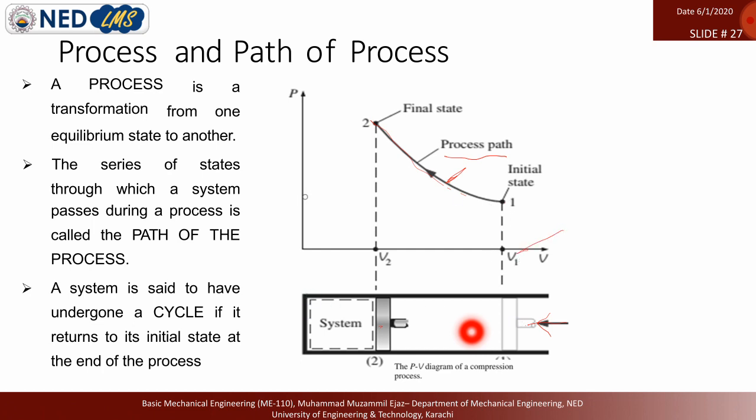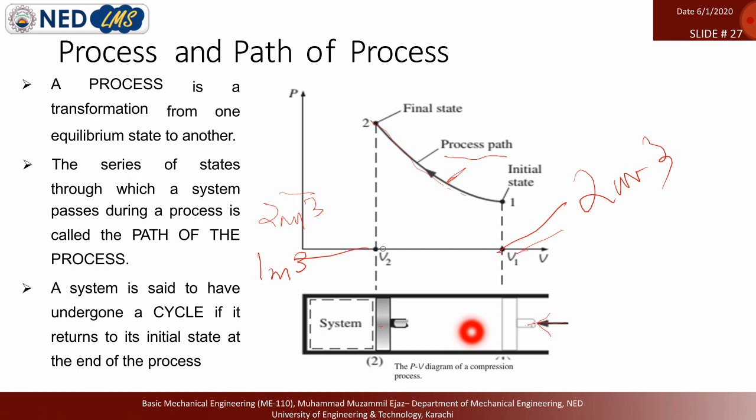Let's suppose it has a volume of 2 meter cube, but when we compress this gas, the volume shrinks to, let's suppose, 1 meter cube. So volume changes from 2 meter cube to 1 meter cube.